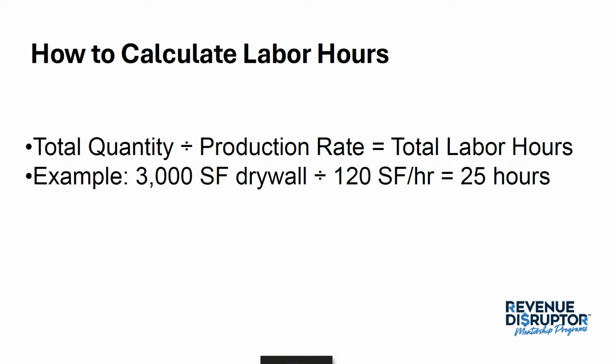All right, I know that was a mouthful, but I want to make sure I walk you through this. The first and most important thing is to identify your total quantity for whatever that item is. Then the second thing is to identify your actual production rate. Everyone can use this rule of thumb.